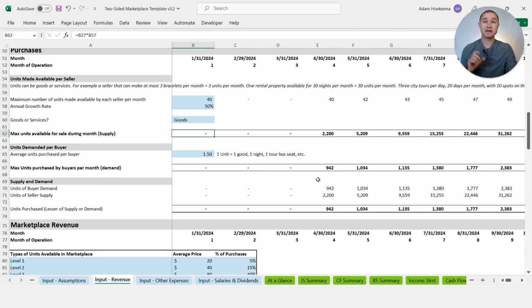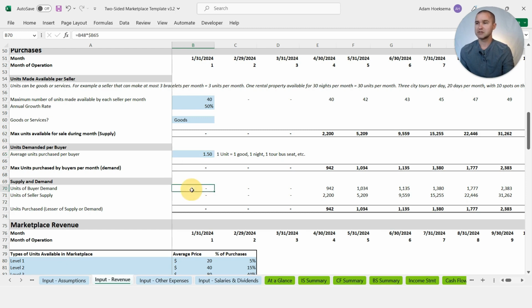Now we need to make sure that the buyer demand and the seller supply are in equilibrium here, right? And so we're going to say average units purchased per buyer is 1.5. So we've got all these buyers on the platform, and we're saying per month, a user would like to buy 1.5 units of product on our Etsy-like platform here.